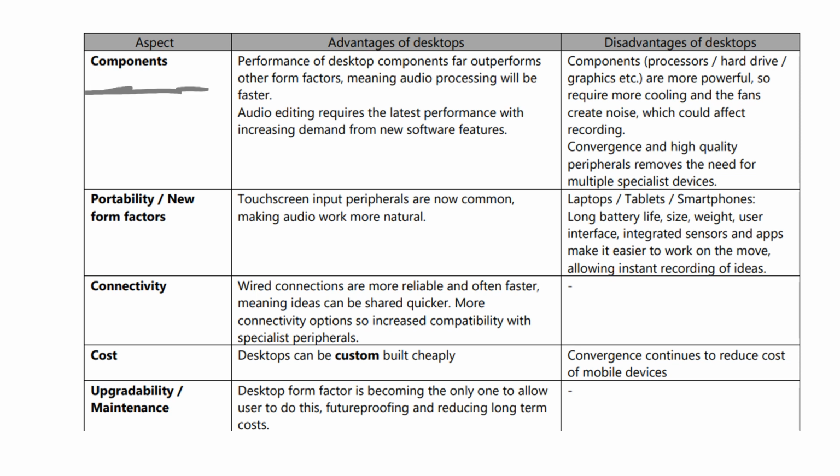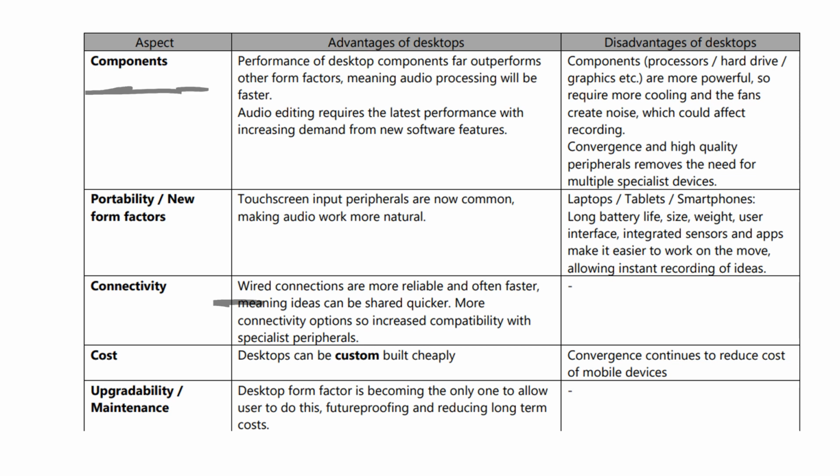Then connectivity: the advantage of a desktop is wired connections, which have high security, and it is faster, so ideas can be shared quickly. So according to connectivity, desktops have a major advantage.